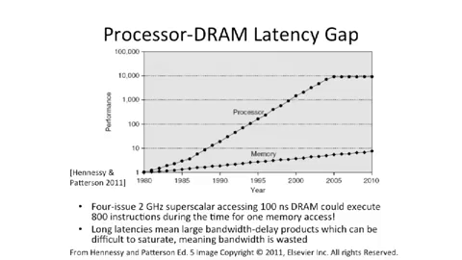So this is what I was alluding to about the gap happening between DRAM bandwidth and processor performance. Memory technology has been slowly getting faster, and processor technology got a lot faster.